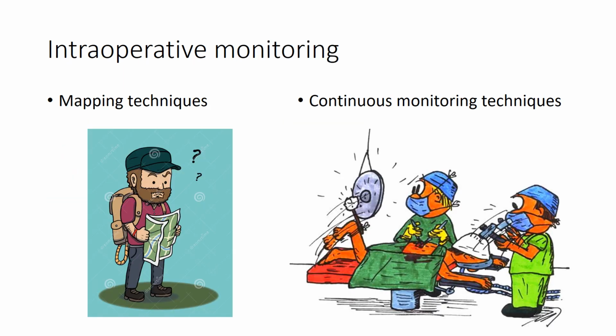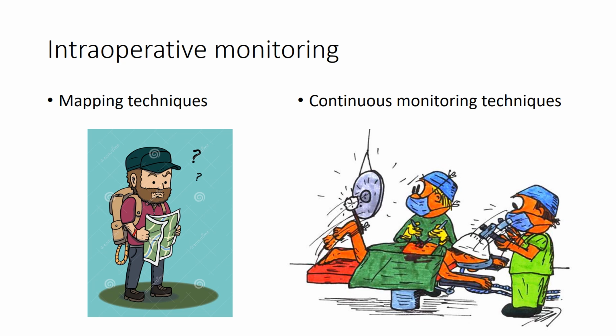Intraoperative monitoring uses a lot of techniques, but it has two main purposes in the OR. The first one is focused on mapping. So the first purpose is finding the anatomical substrate of a specific function.